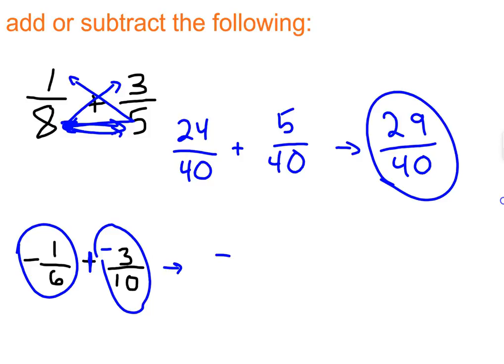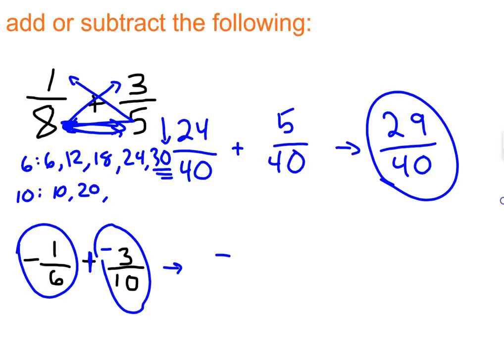6 and 10. Let's use the other method where we just kind of count up. 6 and 10. 6 times 1 is 6, and I'm going to keep going until I know when to stop. 30. Once I find a number that ends in 0, I know it's got to be a multiple of 10.